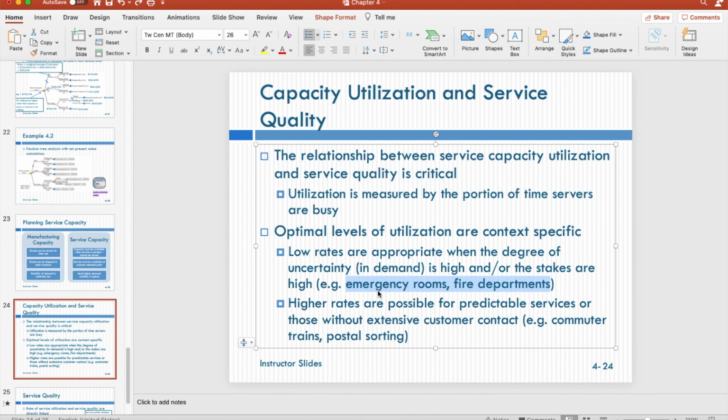That's why we want the optimal level of utilization for this type of public service to be low. That's actually very logical.